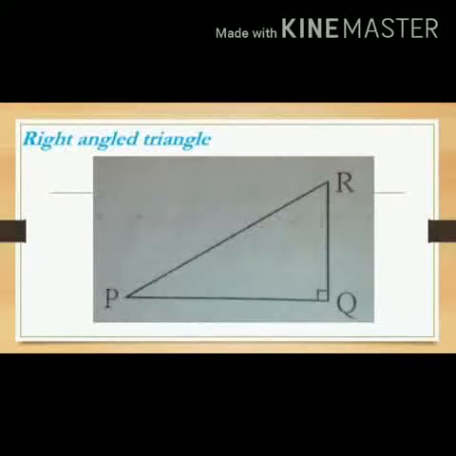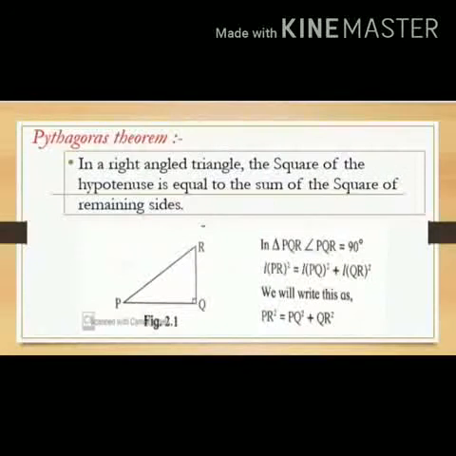Now, today we learn about the Pythagoras theorem. The great mathematician Pythagoras explained the relation between the hypotenuse and the remaining two sides of the triangle. He stated that in a right angle triangle, the square of the hypotenuse is equal to the sum of the squares of the remaining two sides.